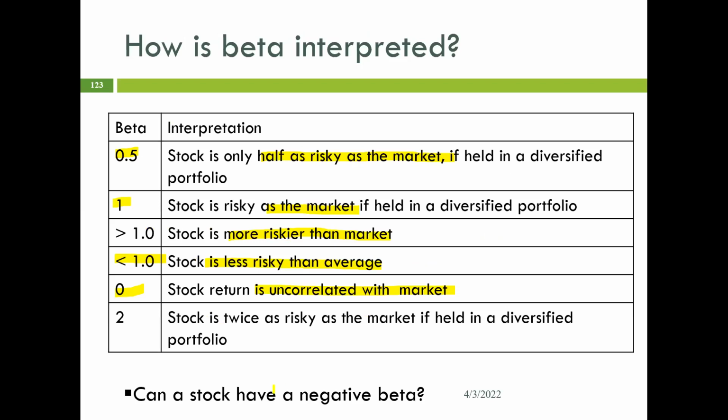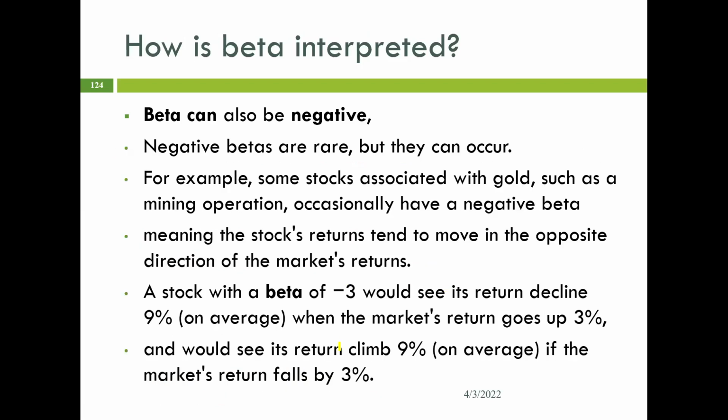Can a stock have a negative beta? Yes, we can, but that is very rare. Negative betas are rare, but they can occur. For example, some stocks associated with gold, such as mining operations, occasionally have a negative beta.